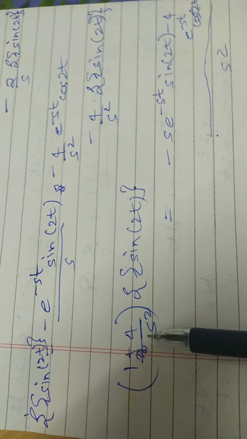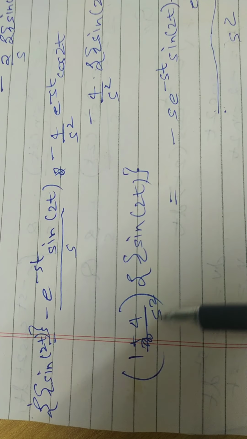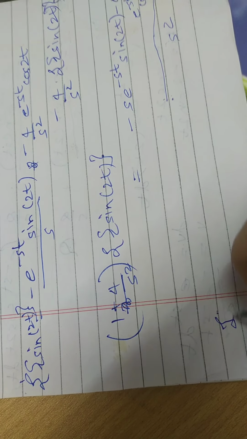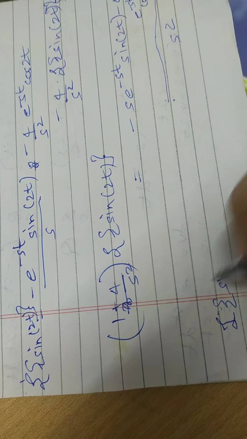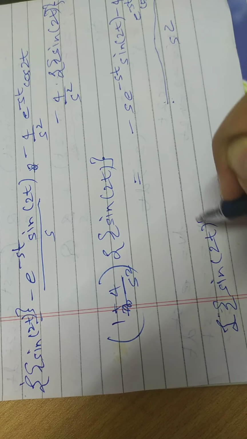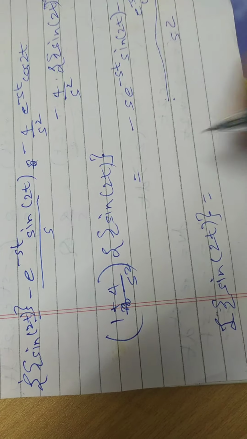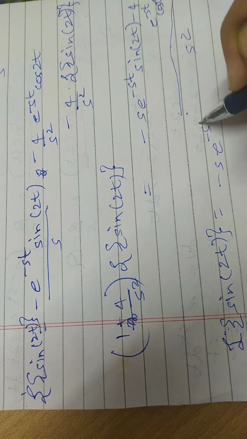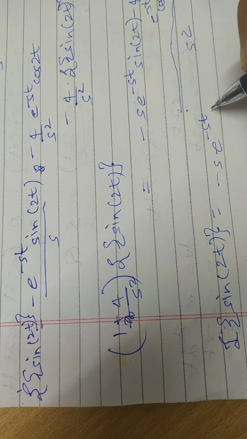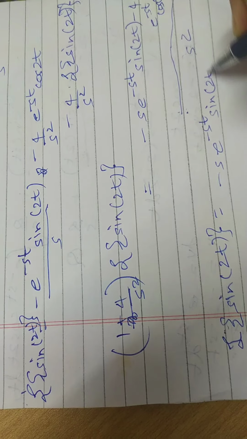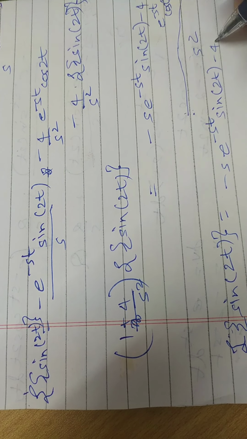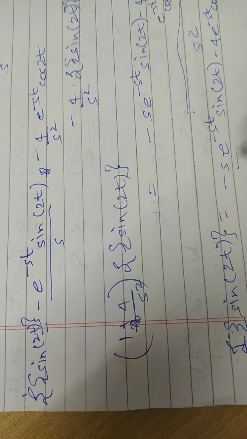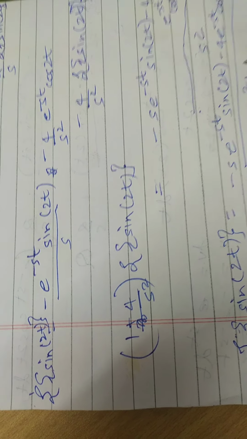So when we take the LCM on this side, when we divide by s square on this side, we get the Laplace transform of sine of 2t as minus s e power minus st sine of 2t minus 4 e power minus st cos 2t by s square plus 4.